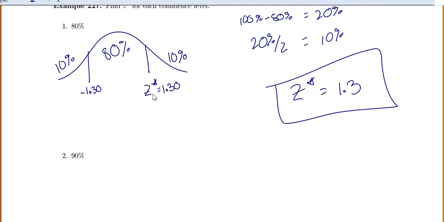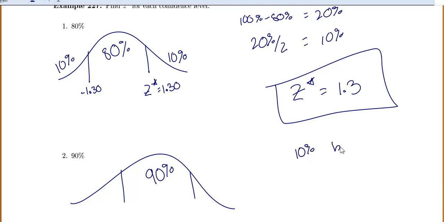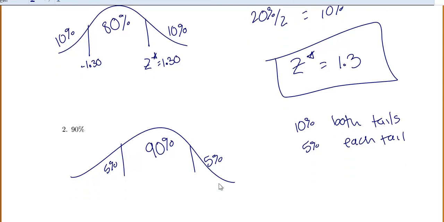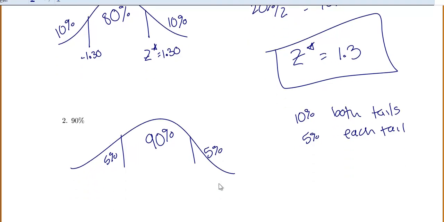Okay, now we want a 90% confidence interval. So here's my 90%. How much is left over? There's 10% for both tails, which means 5% for each tail. So here's my 5%, here's 5%, and now I need to figure out what the z star value is using my normal table.